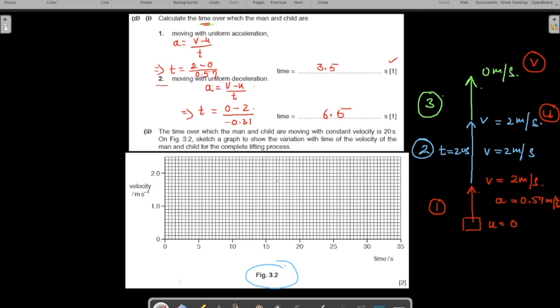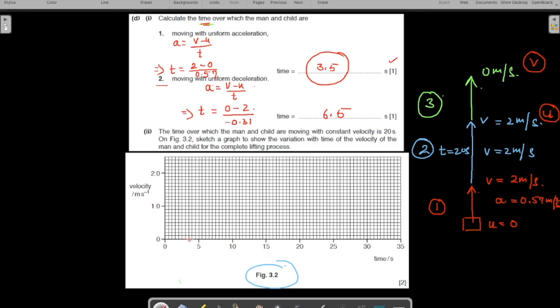So let us do it. Time for the uniform acceleration was 3.5. So where is 3.5 on the graph? It's an easy question to do. The middle point, this is your 3, so this is your 3.5.